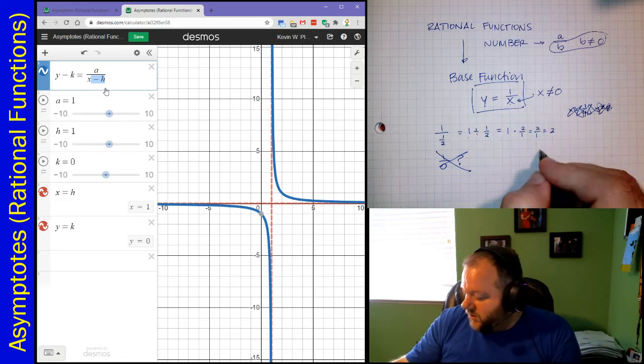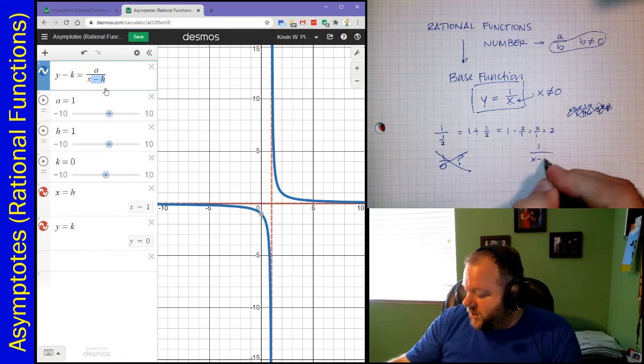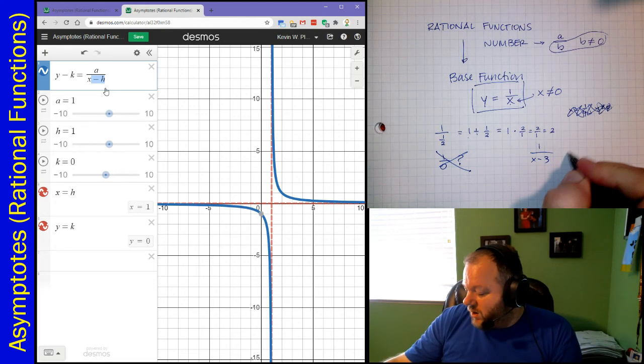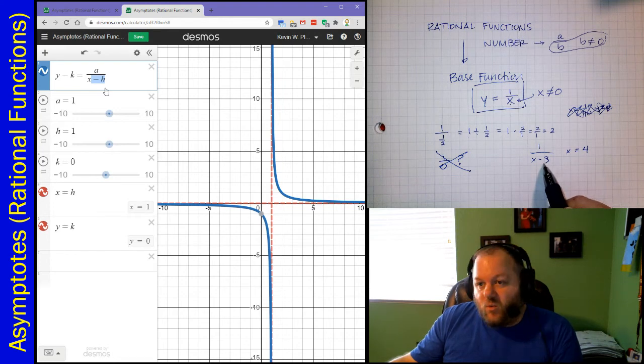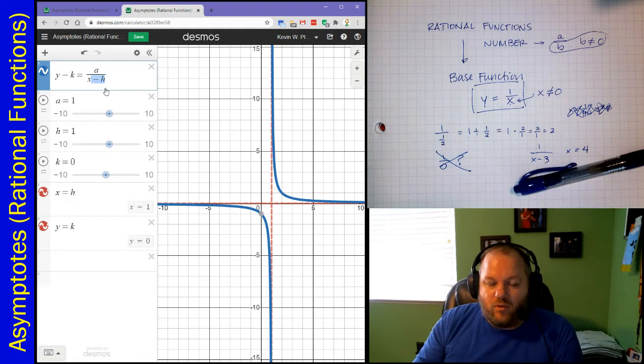If I have 1 over x minus 3, let's say, and I want to consider x equals 4, I have to subtract the 3 to get 1 before I can find its reciprocal of 1 over 1. And let me show you that.